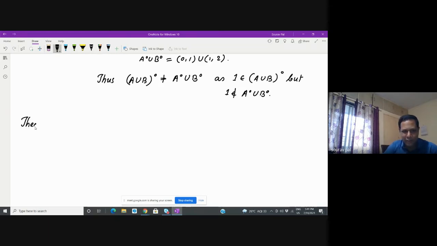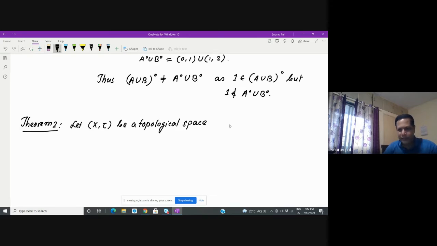So call it Theorem 2. Once again, we are in the usual setting. We have a topological space, and we have a subset.